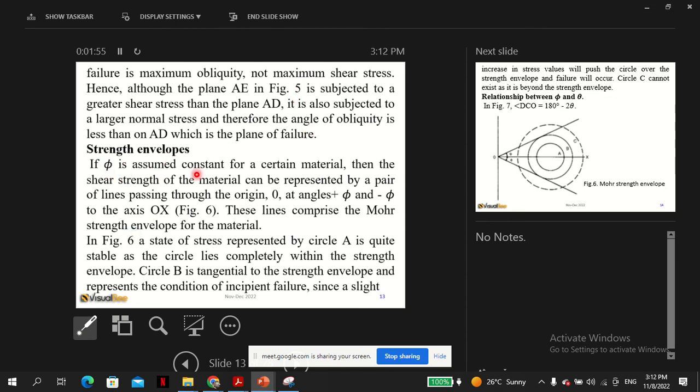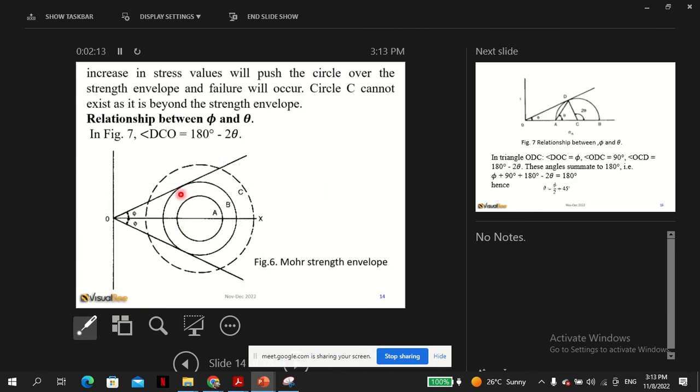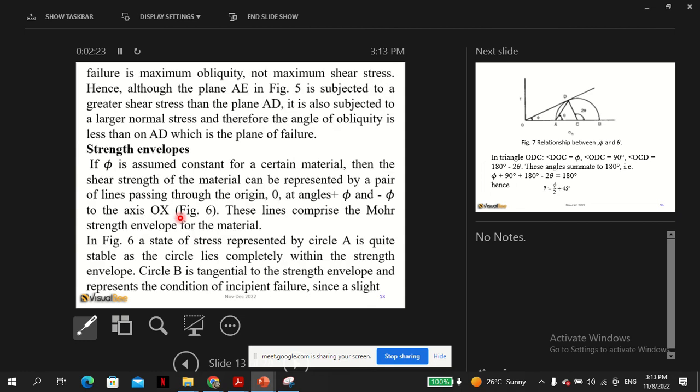If phi is assumed constant for certain materials, then the shear strength of the material can be represented by a pair of lines passing through origin O and phi. This is very interesting because we said that this is a circle, but we normally just draw half a circle.